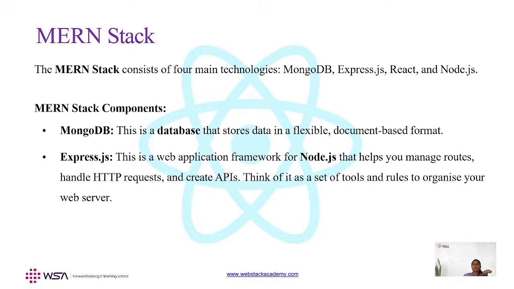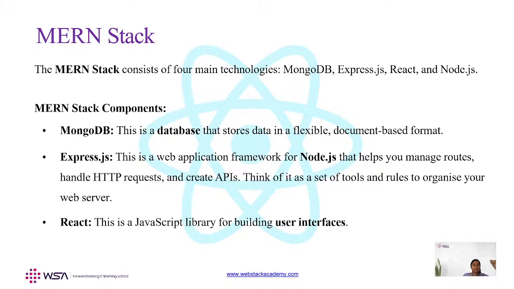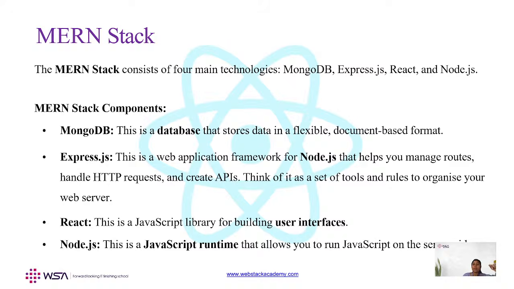Express helps us to create our backend APIs and handle the requests, right? As we already saw in the backend. Next comes Node.js. What is Node.js? Node.js allows us to run JavaScript on the server, correct? And React is responsible for building the UI, user interfaces. Is that clear to everyone?